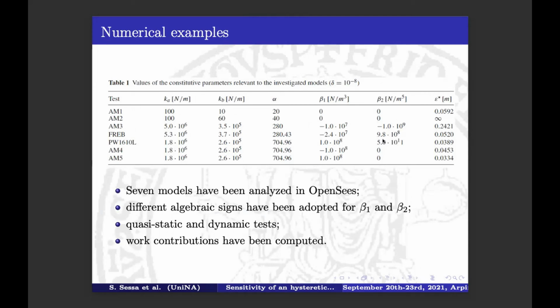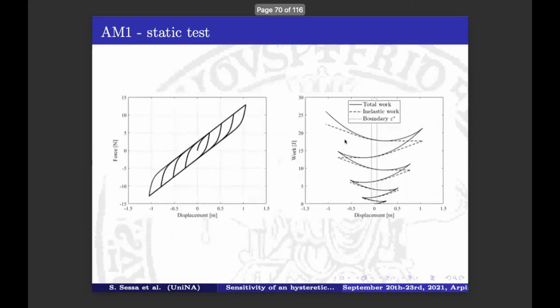These are the outcomes. Here there are the loops. These are quasi-static tests. On the right, we have the total work, which is the solid line, and the dashed one is the inelastic work, while these two vertical lines represent the compatibility range.